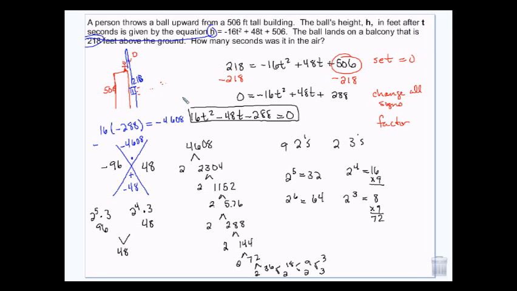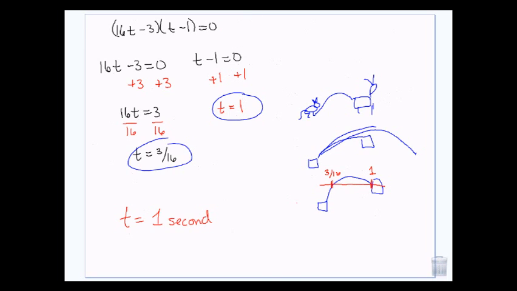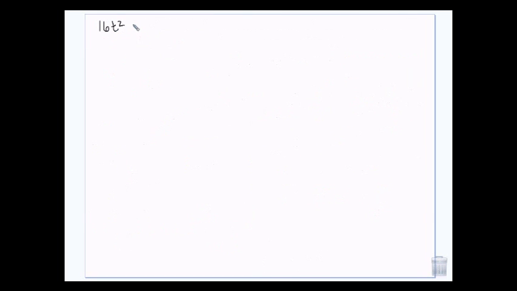So I want a negative 96 and a positive 48. And I'm going to replace the negative 48 with a positive 48, right? Because I'm going to put the positives together, and then a negative 96 and a negative 288. And that equals 0. And I'm going to pull out the 16t here, and I'm going to be left with a t and a 3.